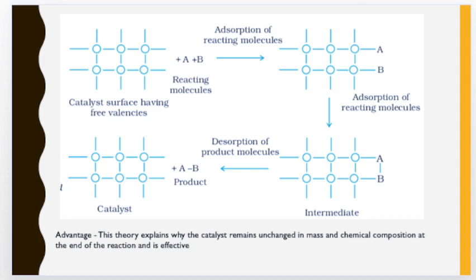So the advantage of this theory is that it explains why and how the catalyst remains unchanged in mass and chemical composition at the end of reaction, and how it is effective in enhancing the rate of reaction.